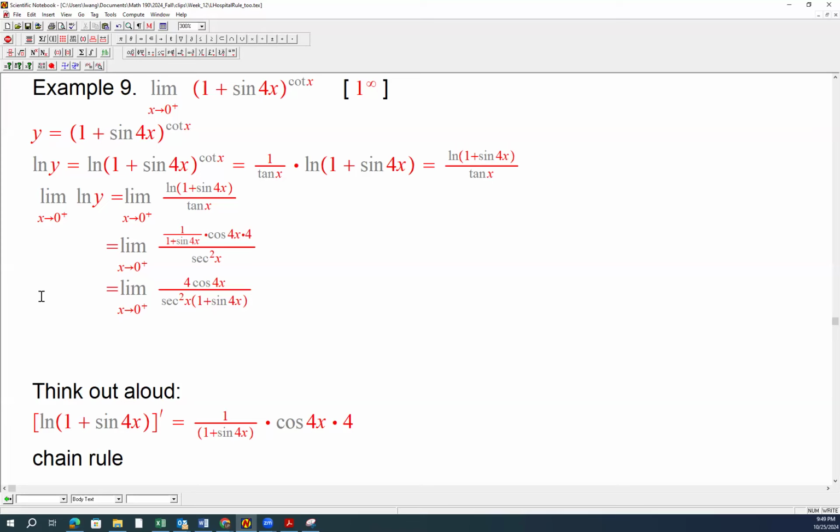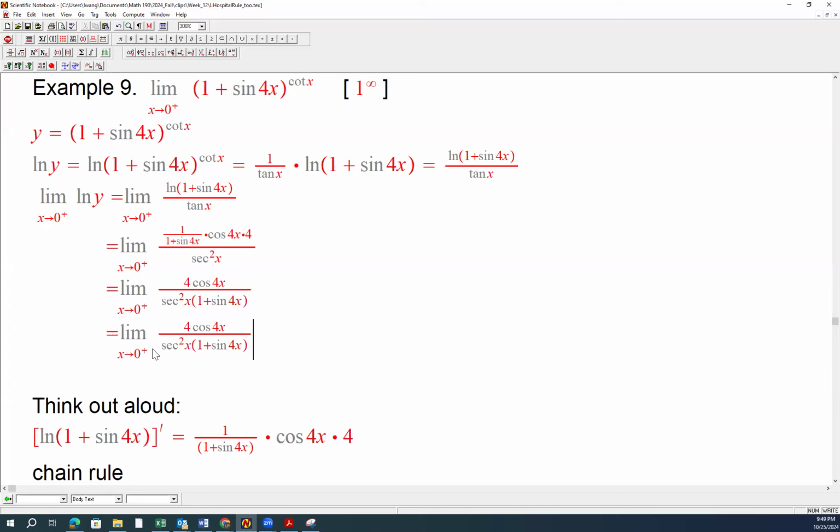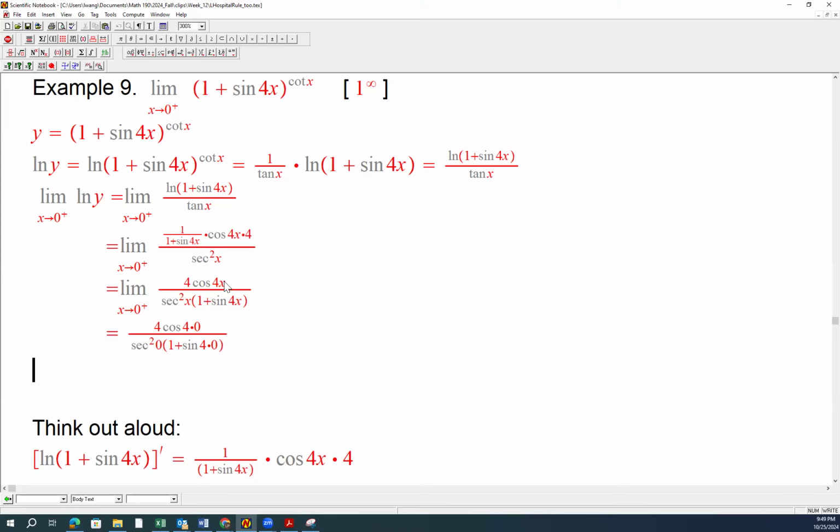Okay. So we are going to be doing direct substitution. When we do direct substitution, we're going to drop the limit and substitute x by 0. What do we get?